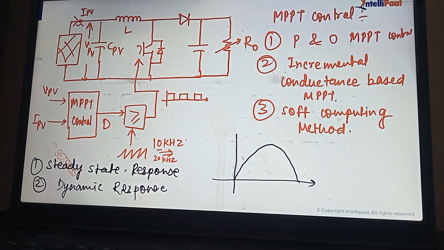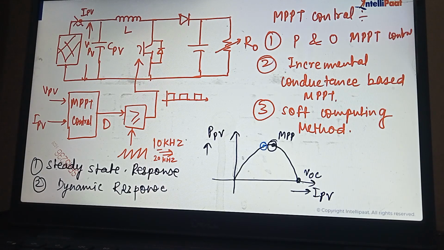If you see the MPP power curve, with PPV on the y-axis and IPV on the x-axis, there are two basic points. One is at the MPP, and another is at VOC, the open circuit condition. Let me know which point is suitable for operation. This is the operating point.